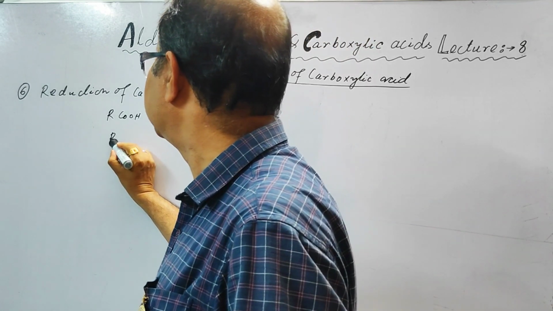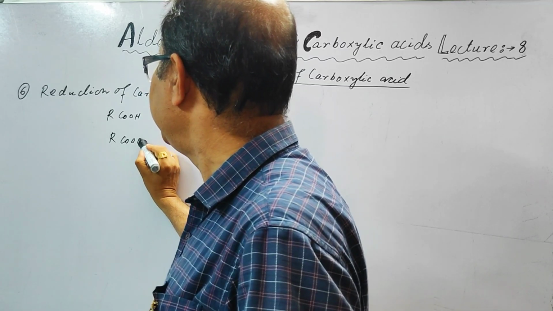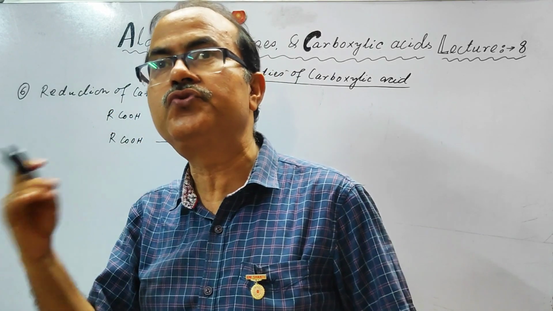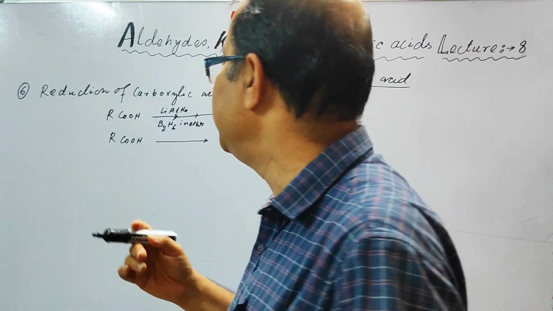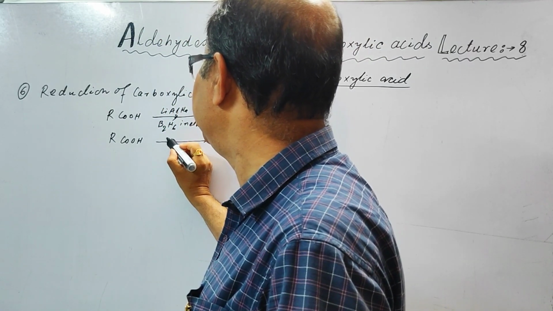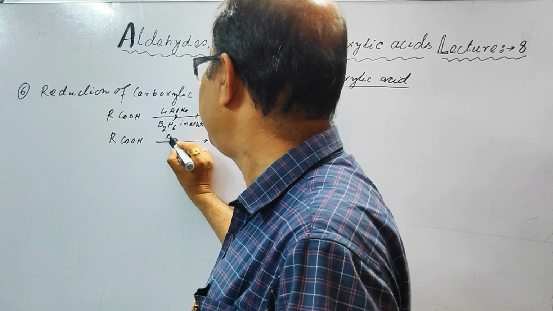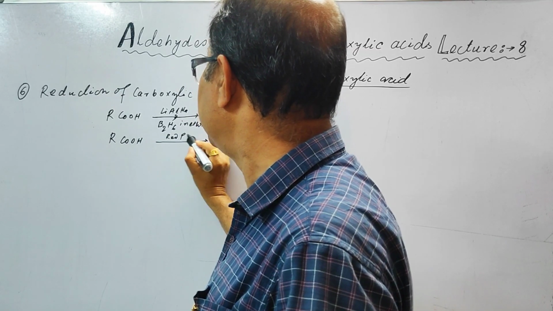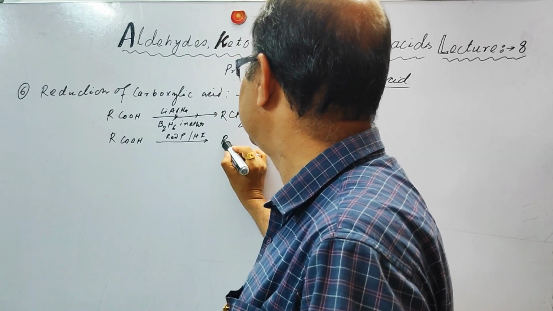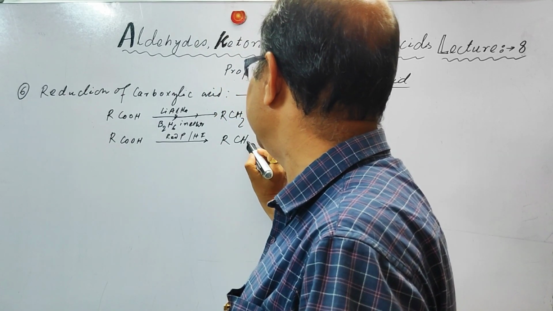Another very important reduction reaction is where you can observe that the carboxylic group has been reduced to a CH3 group. It is reduced in the presence of red phosphorus and HI, and it is going to produce the alkane.